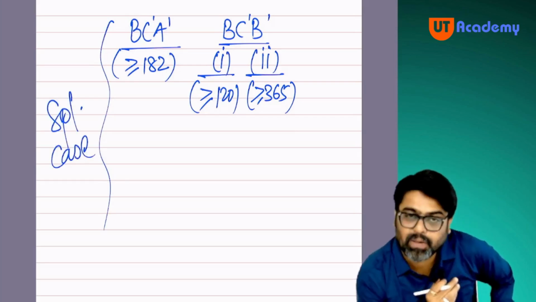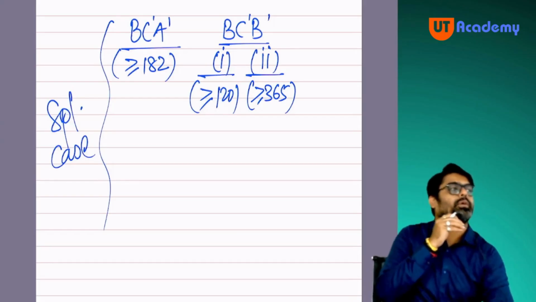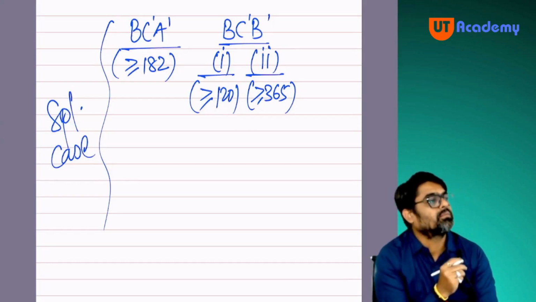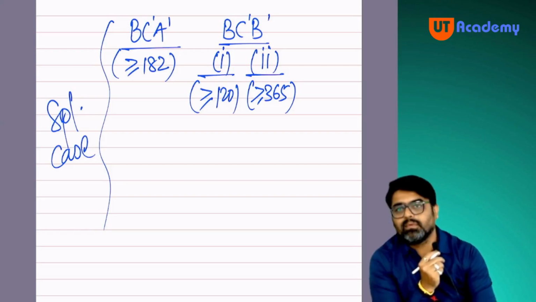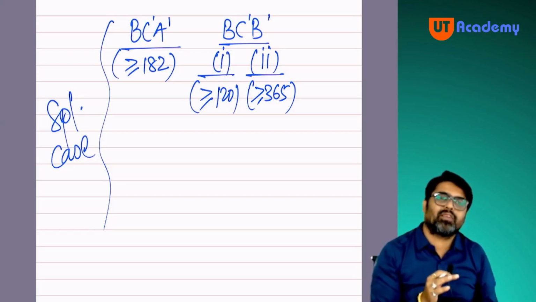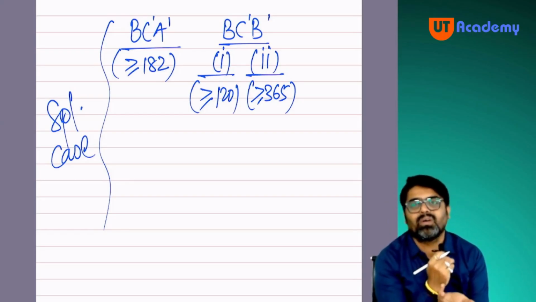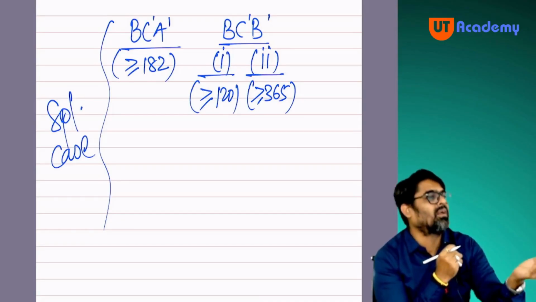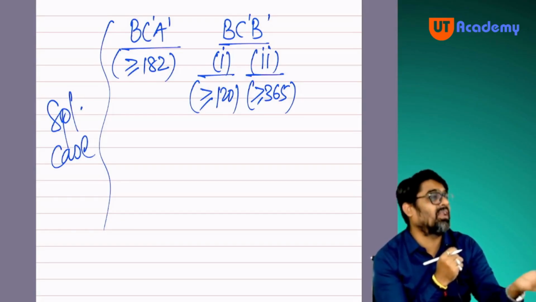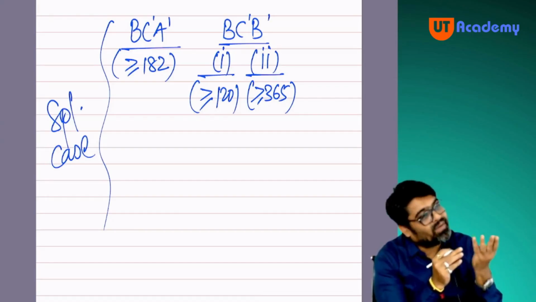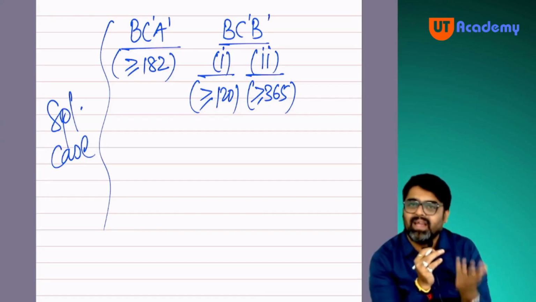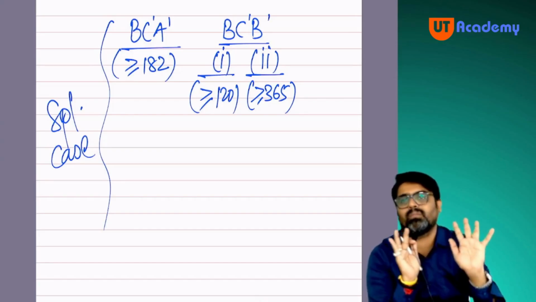So now tell me, in special case, will you check basic condition A? In all the cases, you have to check basic condition A, no? Whether the case is normal, special, or exception, always you have to check basic condition A. Your stay should be 182 days or more.